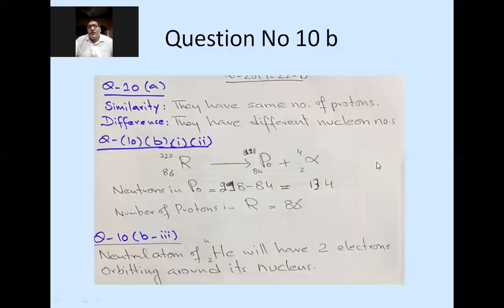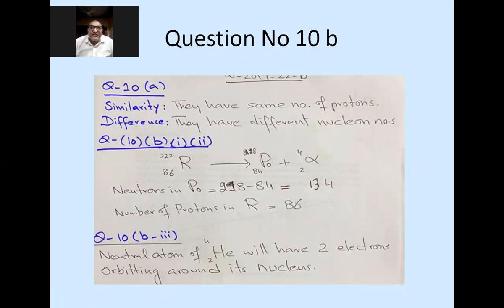Here on the screen we have radon, and I don't know the proton number and the mass number of the polonium. I only know that an alpha particle was given out. When an alpha particle is given out, the proton number of the daughter nucleus is 2 less than the proton number of the parent nucleus.